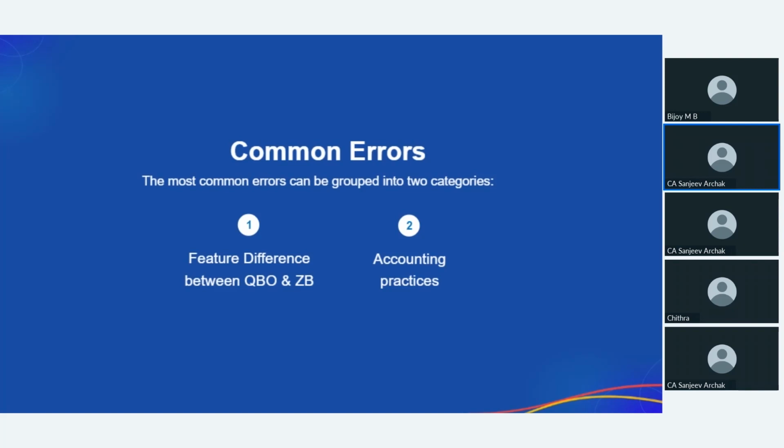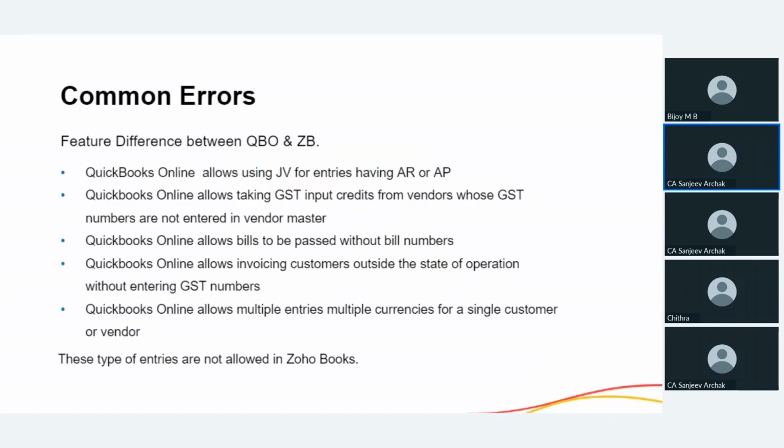So now, what were the feature differences? Let's look at some of the feature differences between QuickBooks and Zoho Books. QuickBooks allows passing of entries via the journal mode for accounts having AR or AP, neither debit and credit.